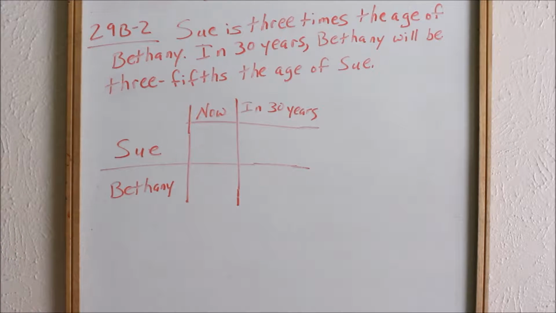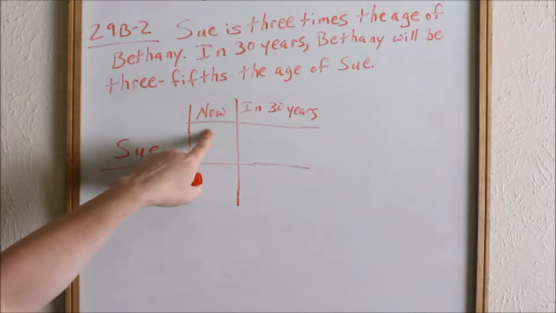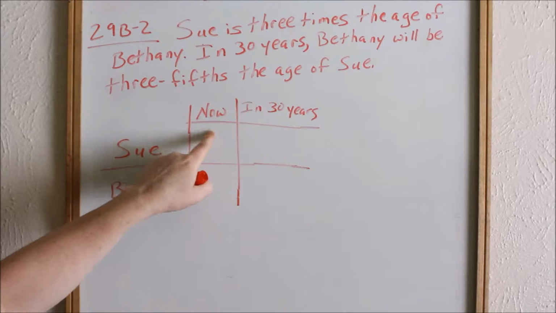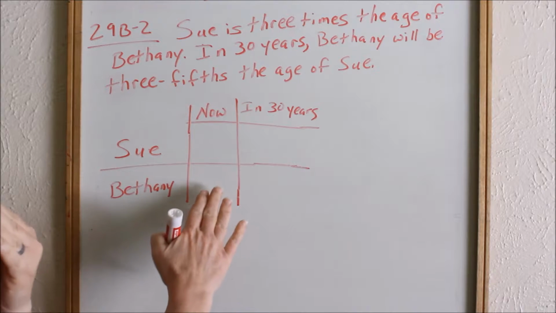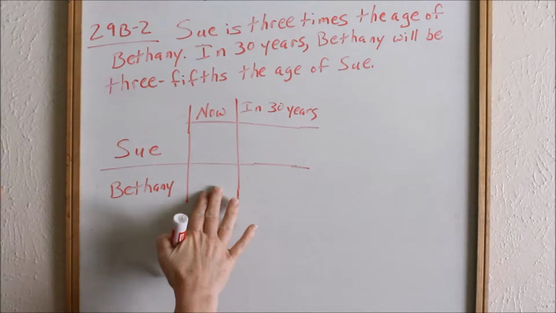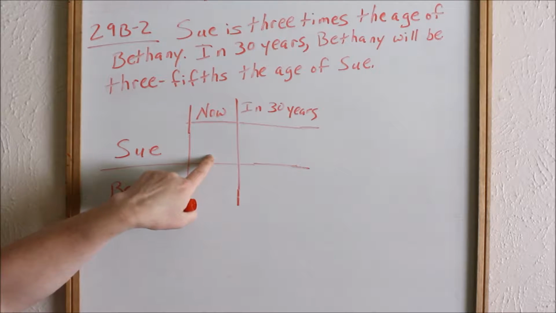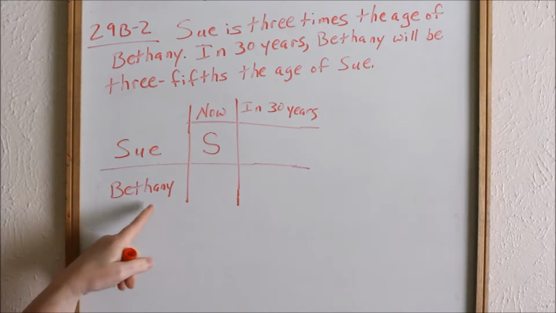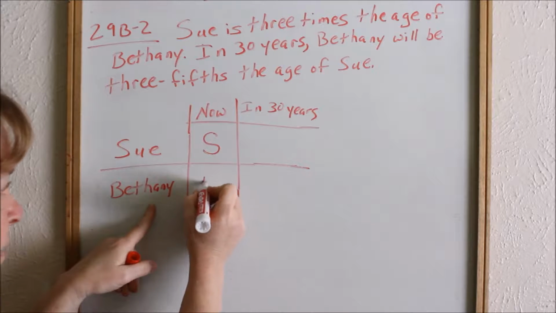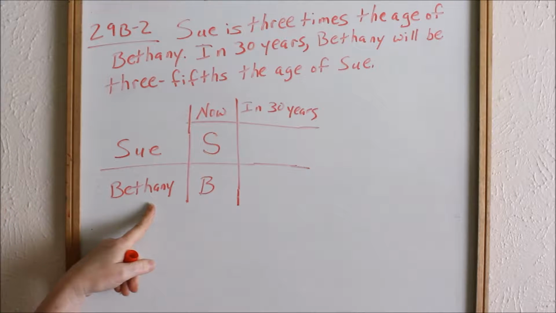I don't know what their ages are now. It doesn't tell me. So for the majority of the part, we will pick variables for their ages representing the present time. So I don't know what Sue's age is at the present time, so I'm just going to label that as an S. And I don't know Bethany's age at the present, so I'm just going to label that as a B.